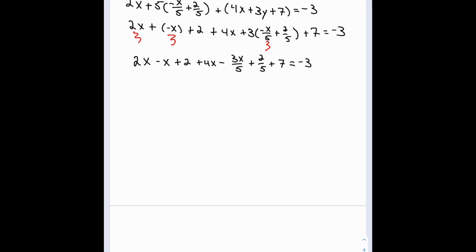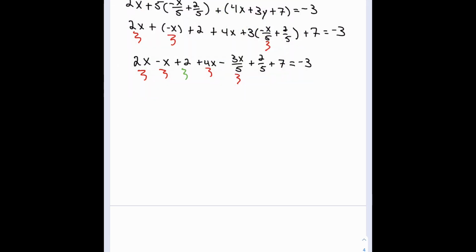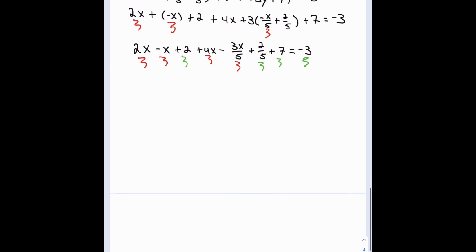So we combine like terms. Here's our x term. Here's an x term. Here's an x term. Here's an x term. And then we're looking for constants now. Constant, constant, constant, constant. So let's combine on the left-hand side of the equal sign.